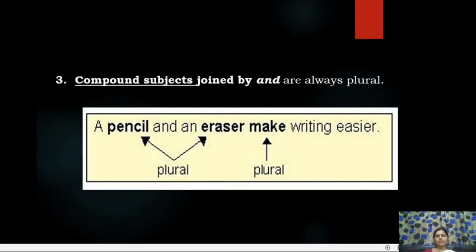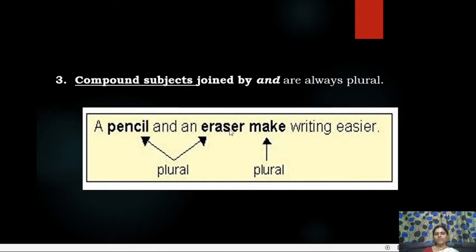Sometimes we get compound subjects, like more than one subject in a sentence. Both the subjects are joined by and. So when you get such things, when they are referring to two different things, then they are treated as plural, and so you have to make use of a plural verb. See in this example, a pencil and an eraser make writing easier.